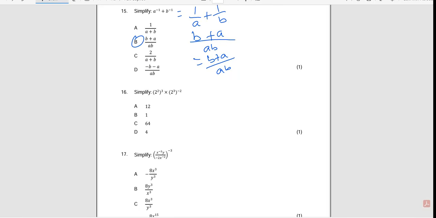And then the question says simplify. Number 16 says simplify. Guys, the laws of exponents says that, here, this A takes an exponent and then the exponents will multiply each other. That's what I'm going to use for this one.